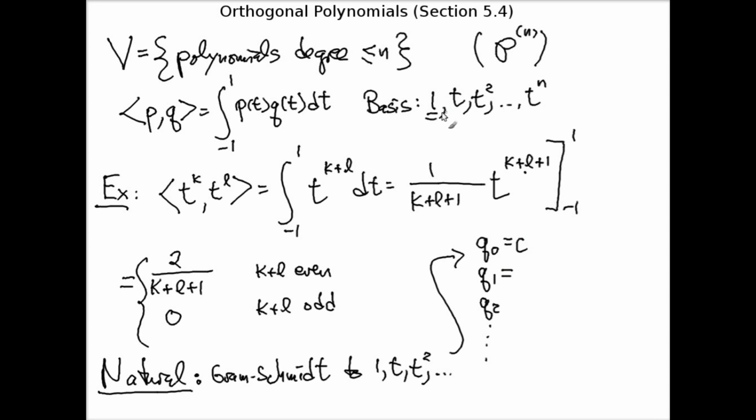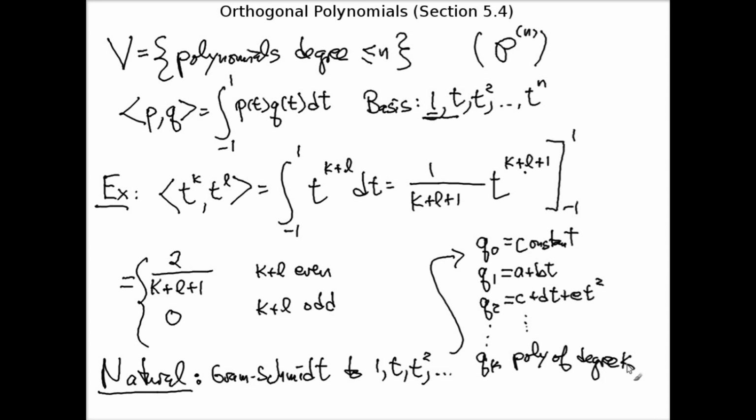And Q1 is some linear combination of 1 and t, so this is some a plus b t. And then Q2 is the first 3, so c plus d t plus e t squared, and so on. Qk is going to be a polynomial of degree k. So let's see what we get.